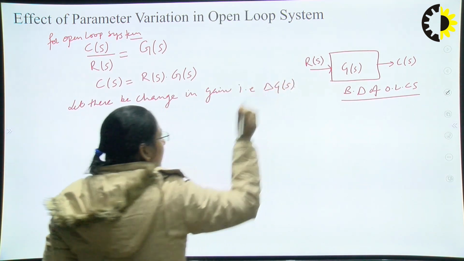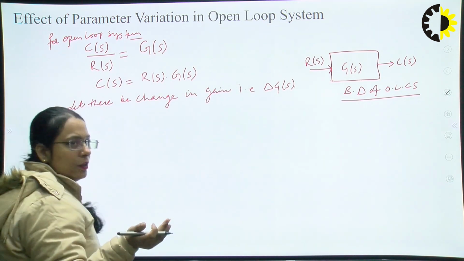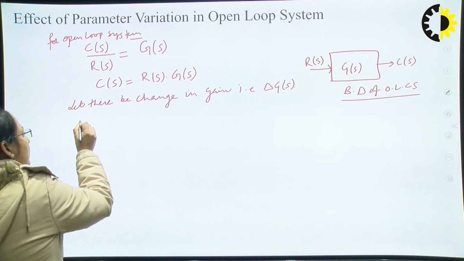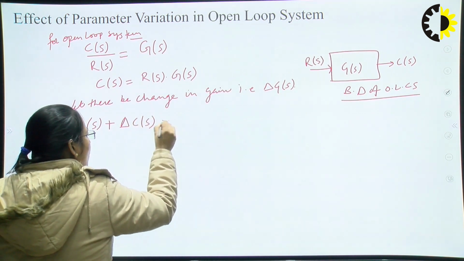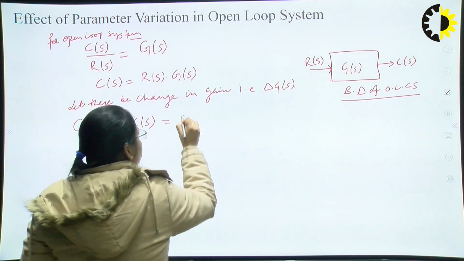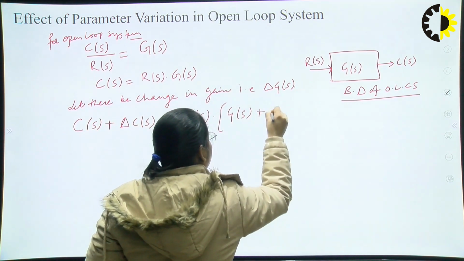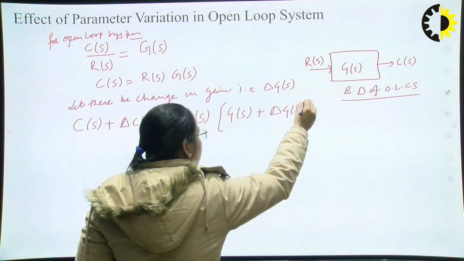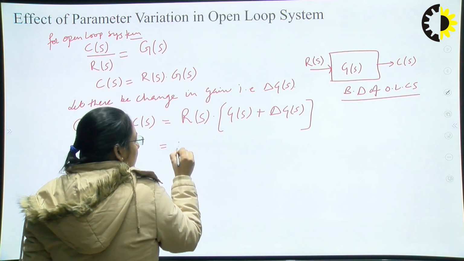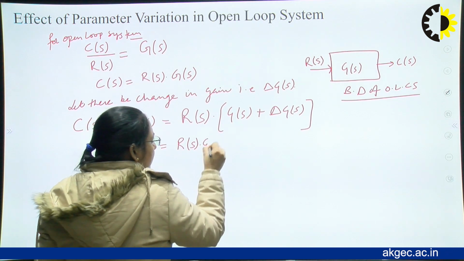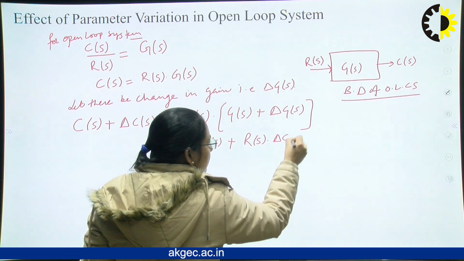Then obviously there will be a change in the output as well, delta C. So I can write C(s) plus delta C(s), that is the change in the output, equals R(s) into G(s) plus delta G(s). Now if I open this, it comes out as R(s) into G(s) plus R(s) into delta G(s).